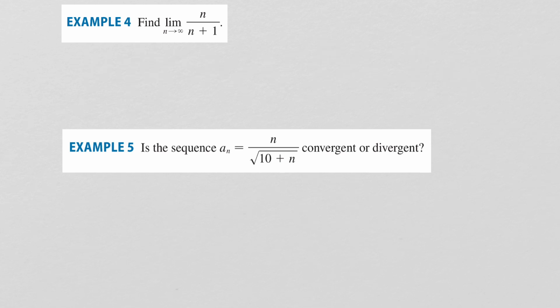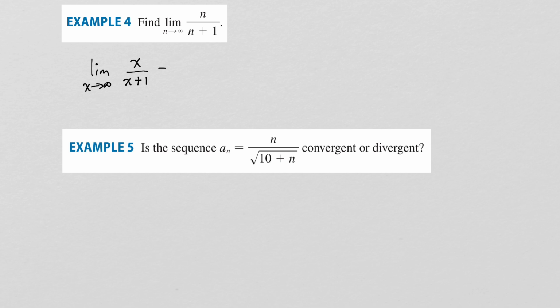Another way to do this would be to think of the limit as x goes to infinity of x divided by x plus 1. All I'm doing is replacing n with x, because now I'm thinking of it like a function. And now x can be anything, not just integers, but x could be any fraction or decimal as we approach infinity.